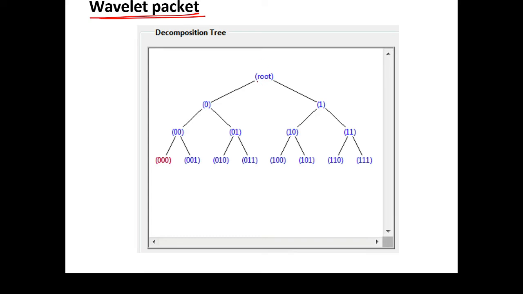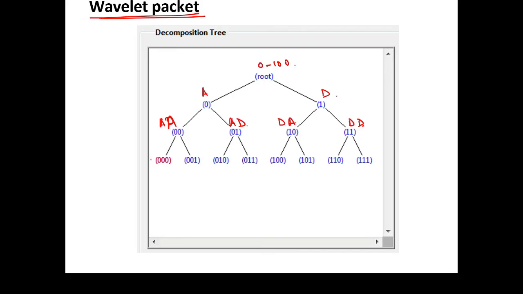So this is the root, meaning the original signal. Say you have 0 to 100. So you have the approximate and this is the detail. Again, this is AA, the approximate of the approximate. This would be AD, the detail of the approximate, first stage. Again over here, DA, DD.